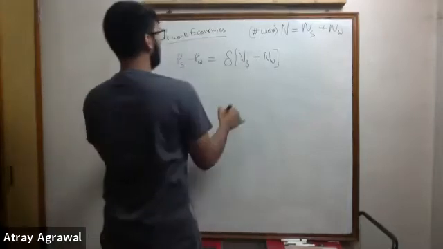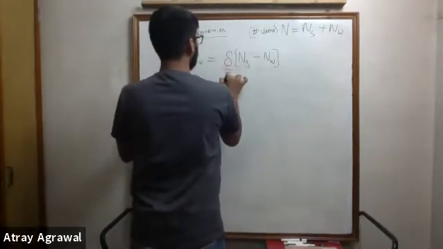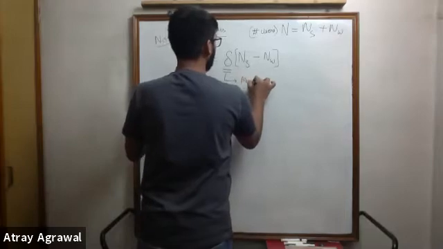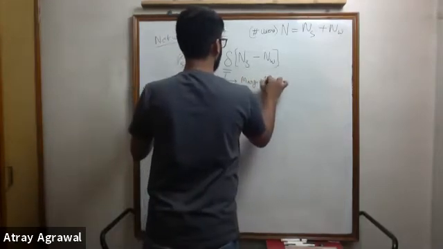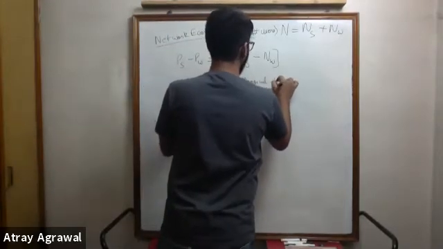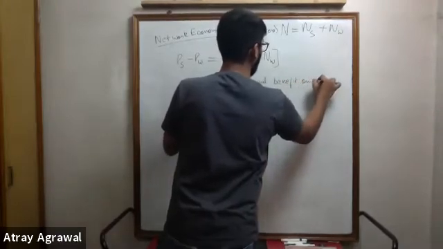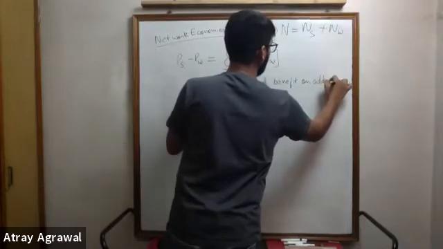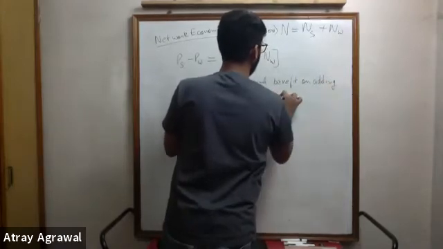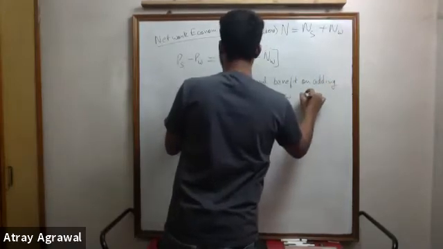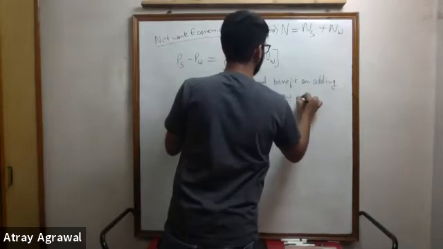Now, this delta is very interesting because this gives me the marginal benefit on adding a new customer, a new joiner.